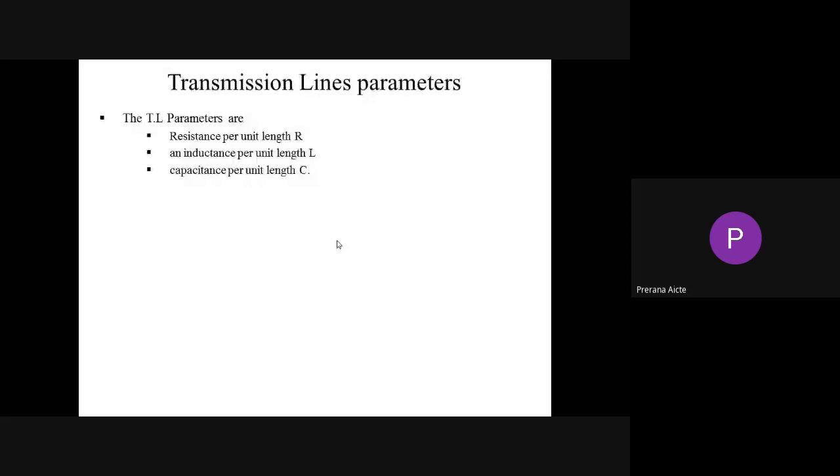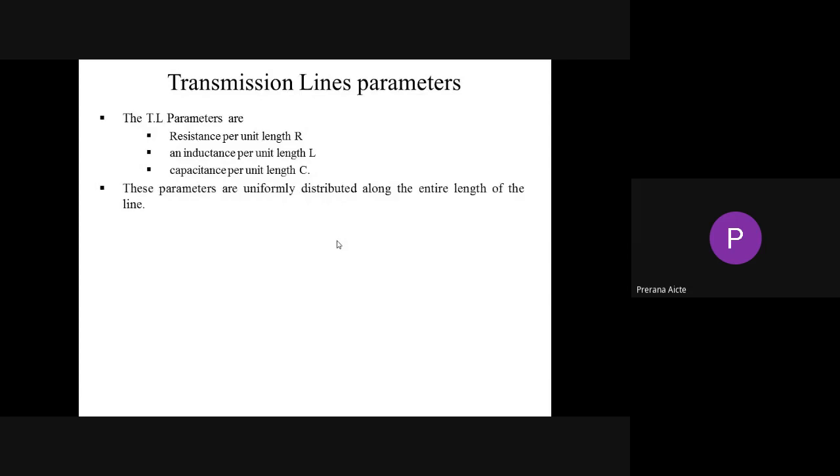The transmission line parameters are resistance per unit length R, inductance per unit length L, and capacitance per unit length C. These parameters are uniformly distributed along the entire length of the line.